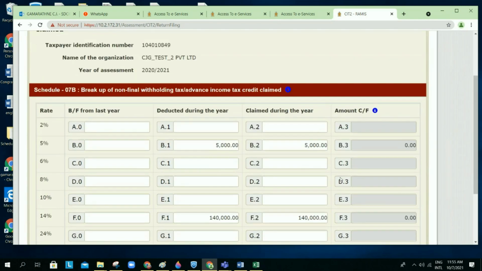Schedule 7B means withholding tax credit schedule. If you have a withholding tax credit claim, you need to declare here, and also you have to submit the CSC schedule for the claim of this credit.